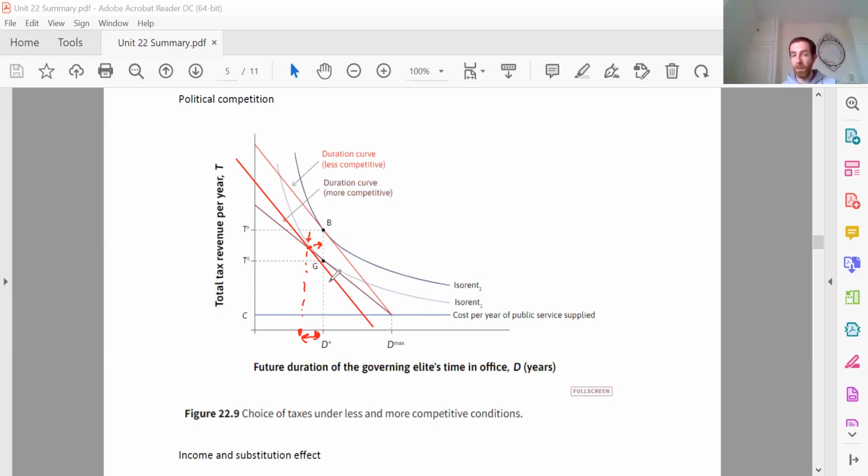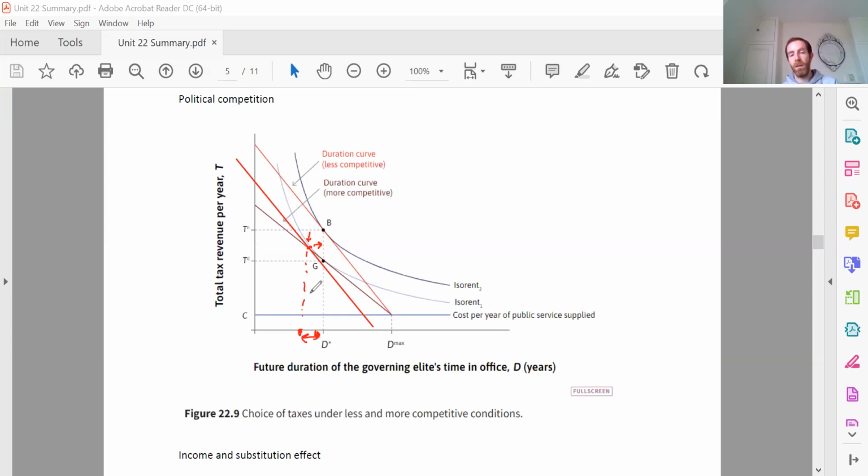So to summarize, the income effect comes from taking the original feasible frontier, in this case the original duration curve, and shifting it until it's tangent to the new ISO rent curve. Then that horizontal gap or vertical gap gives us the income effect.